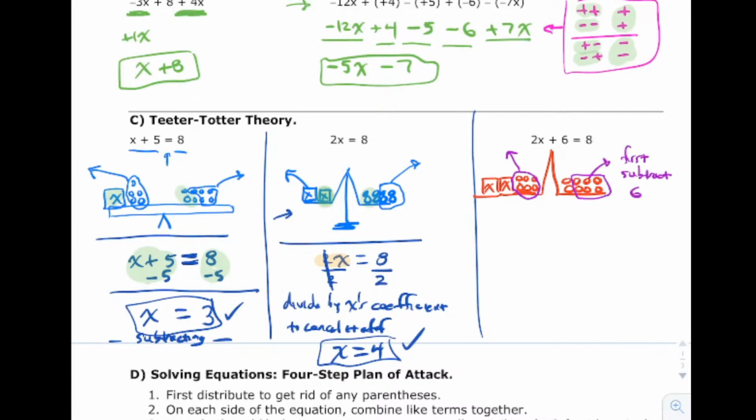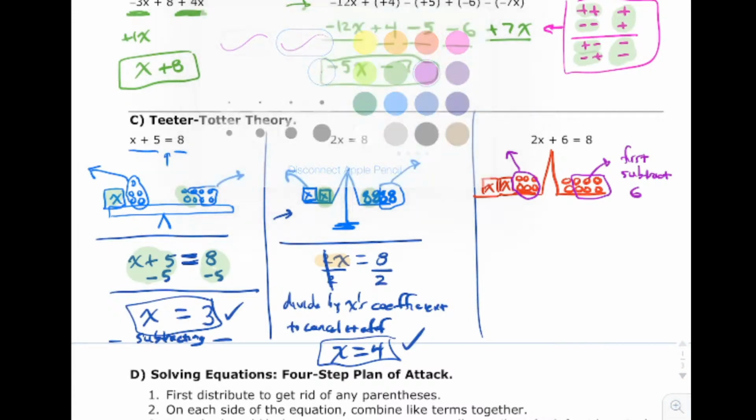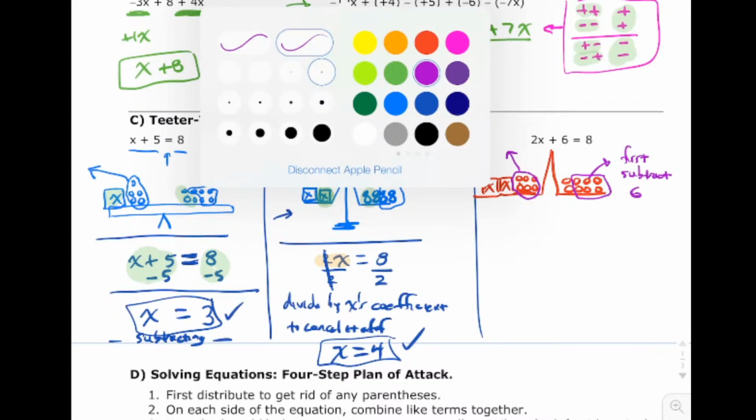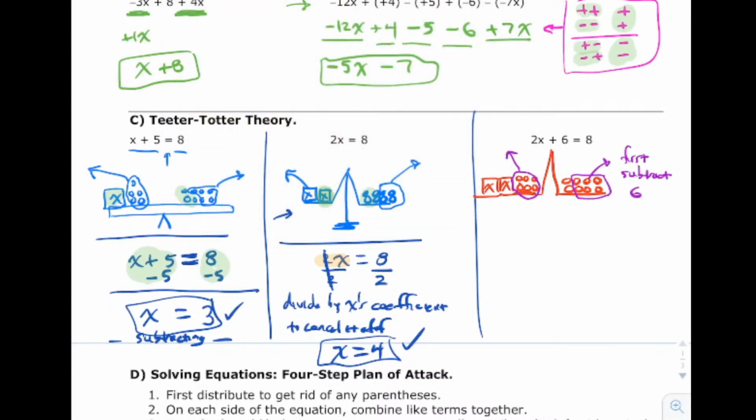Then, what I'm left with is a pair of x's. I would like to throw half away. If I throw half of these away, that x will be gone. And if I throw half of these away, well, one of those will be gone. And notice I'm left with an x on the left. I'm left with a 1 on the front, on the right.